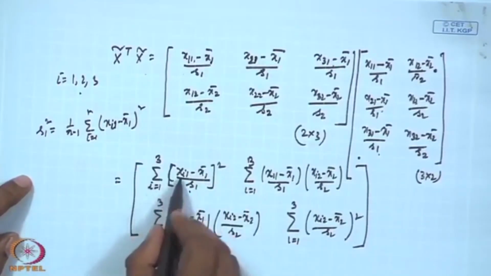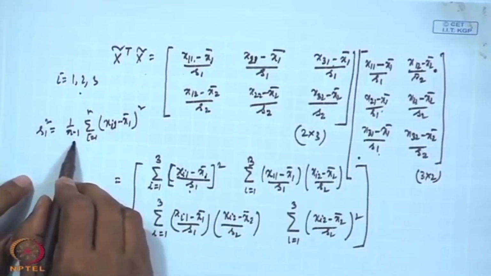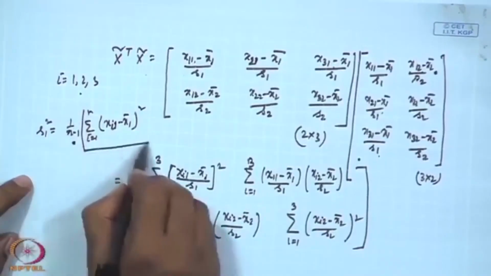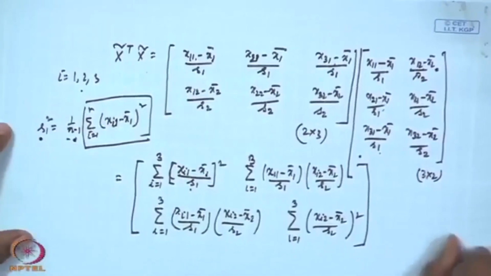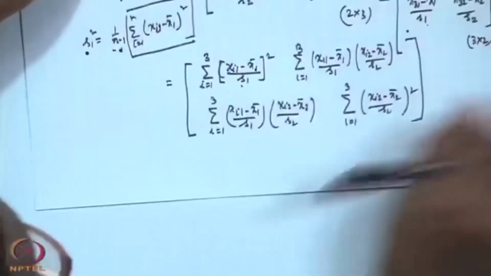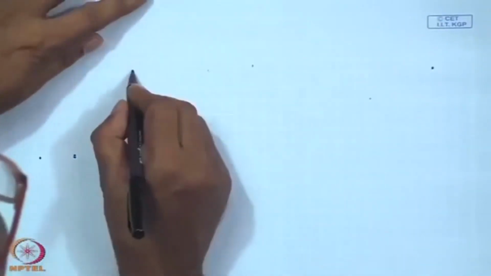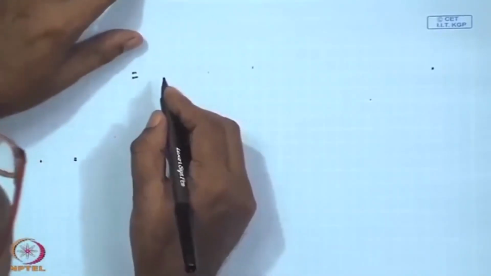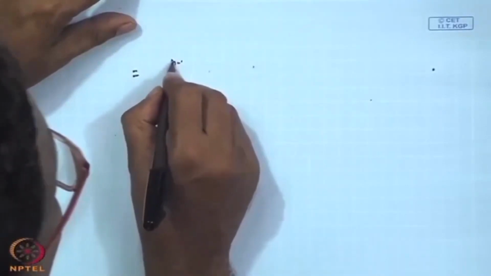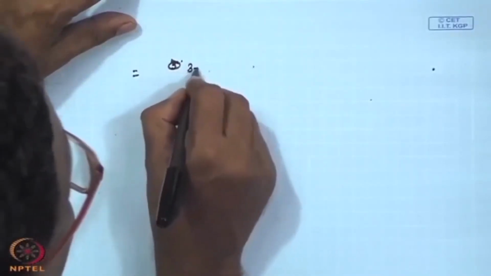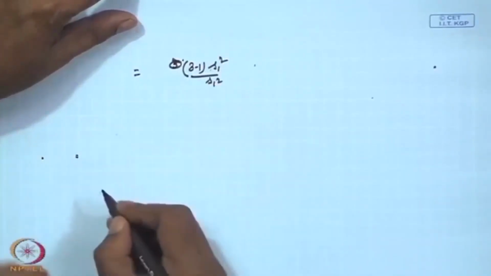You see what is happening, x i1 minus x1 bar square, 1 by n minus 1. So, this quantity is what? n minus 1 into s1 square. And yes, because s1 by s1 is coming, ultimately you will get this quantity, we can write n minus 1, here 3 minus 1, into s1 square by s1 square.